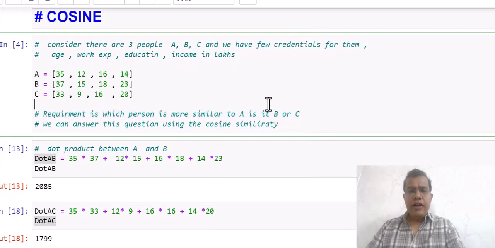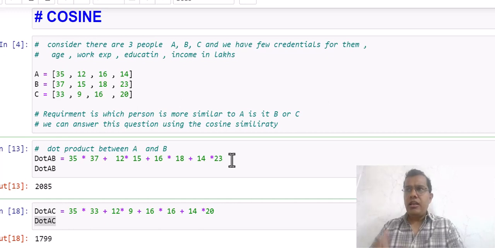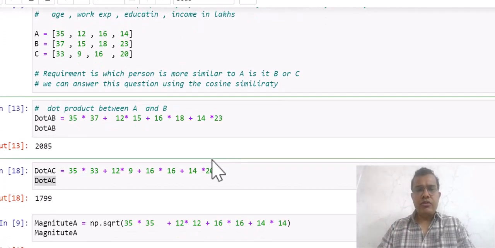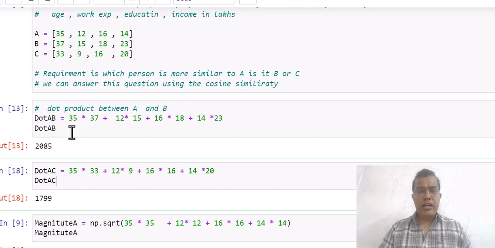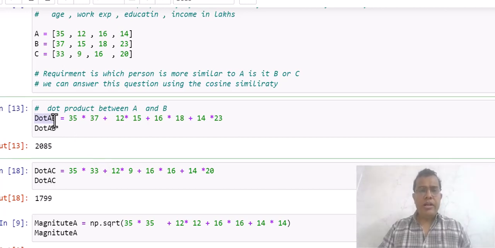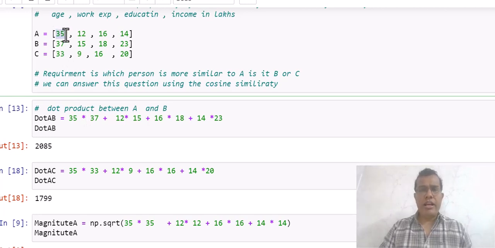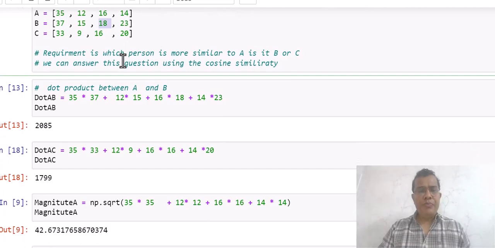So I will find the cosine similarity between A and B and between A and C, and wherever I get the higher score, that person would be more similar. To show how cosine similarity works, internally I'm doing a dot product, where I multiply the corresponding elements. So the dot product of A and B would be 35 into 37 plus 12 into 15 plus 16 into 18 plus 14 into 23.